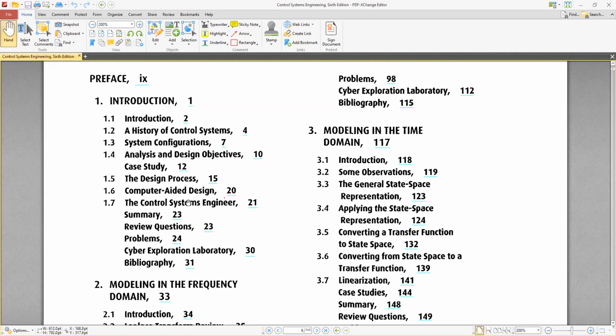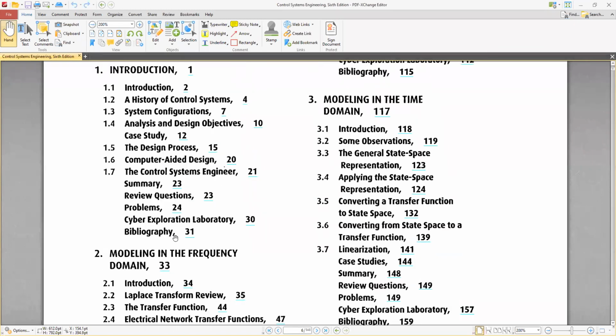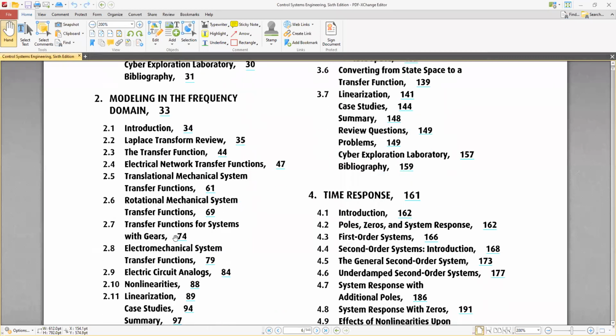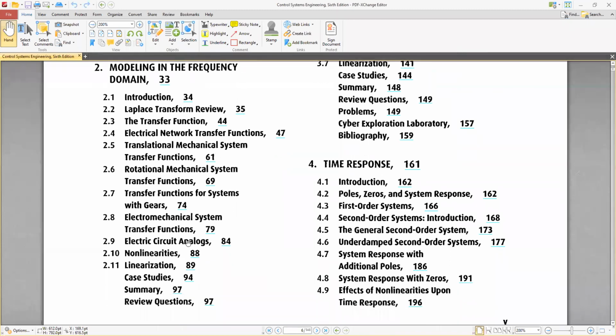Okay, so take this point. In the frequency domain, you have some maths. I've shown you the basic math, electrical network transfer functions. Okay, you will see some maths as well as translational mechanical systems, rotational mechanical systems, gear systems, and electromechanical system transfer functions.